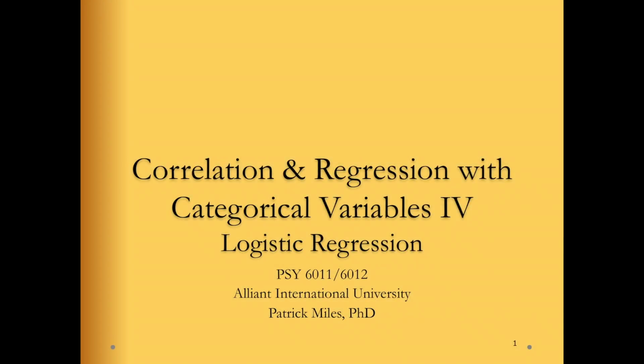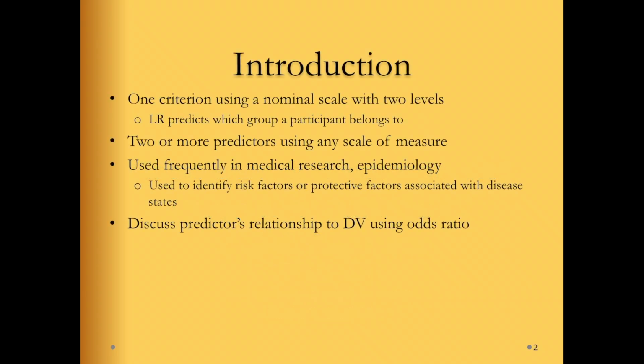This presentation continues our discussion of correlation and regression involving categorical variables and begins our focus on logistic regression. We learned to use multiple regression to predict scores on a dependent variable using an interval or ratio scale of measure.